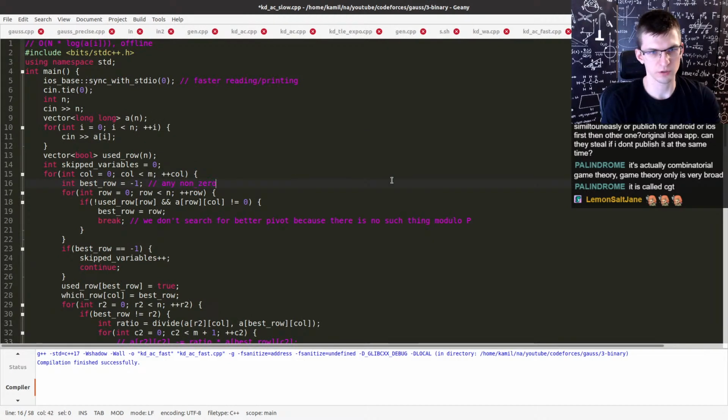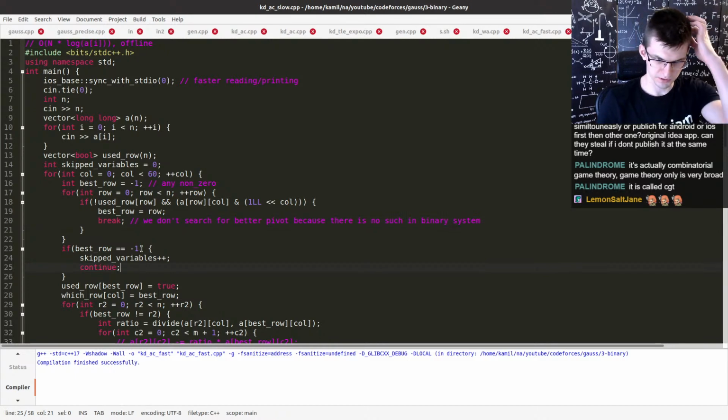Any non-zero in this column. Columns are up to 60. If not used, and column is a bit. Fine.